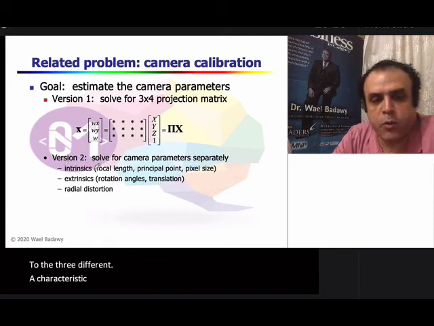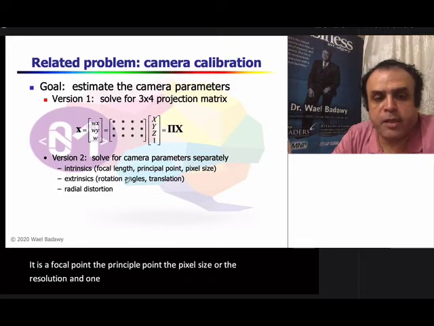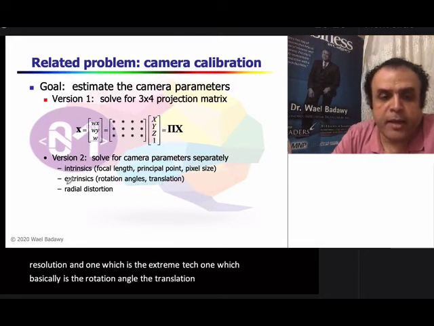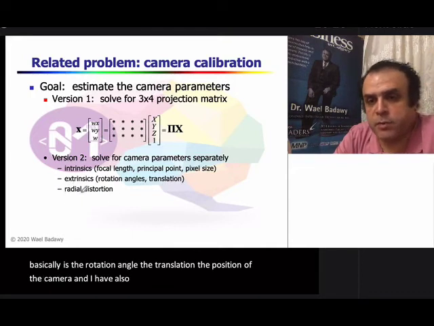One is the intrinsic one, which basically is the focal point, the principal point, the pixel size or the resolution, and one which is the extrinsic one, which basically is the rotation angle, the translation, the position of the camera. And I have also the radial distortion, which was explained in the lenses before.